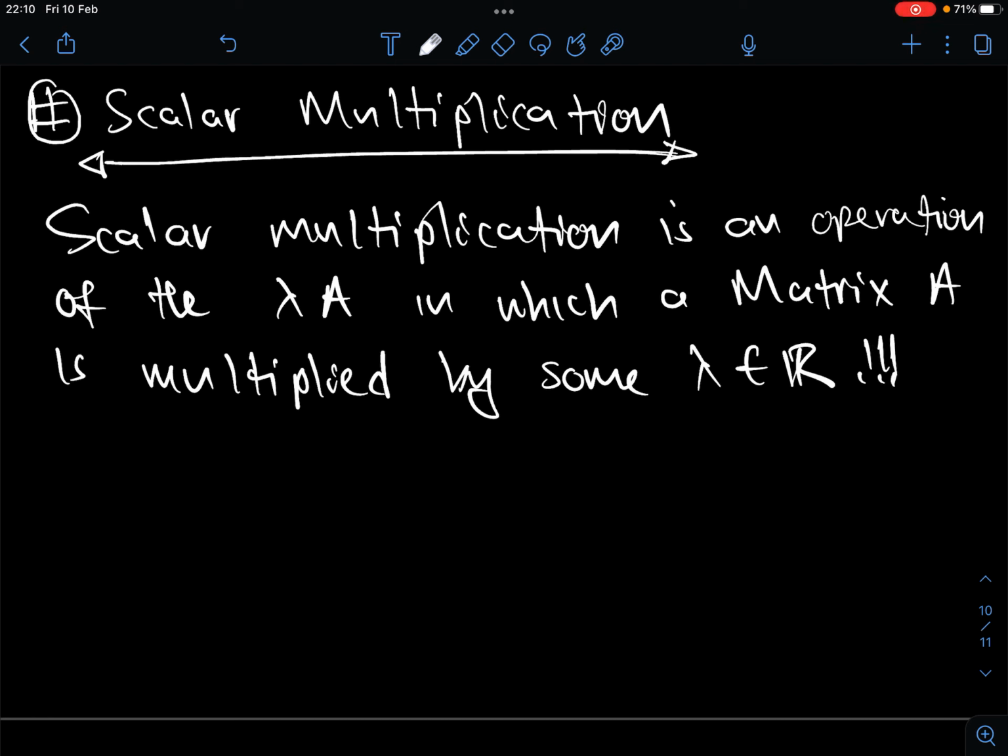So we have this operation that is called scalar multiplication, but the question is, how does it work?